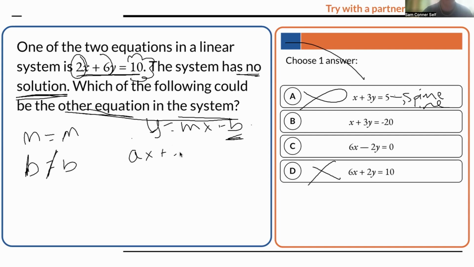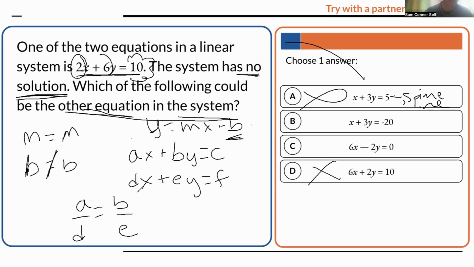If these equations without any variables, or without any constants, coefficients, look like this, so this is like the skeleton form of these equations, the relationship between the slopes you can check by doing A over D is equal to B over E. So we have the top of that, it's going to be 2 over something is equal to 6 over something. And then plugging in the options that they give us for the equations here.